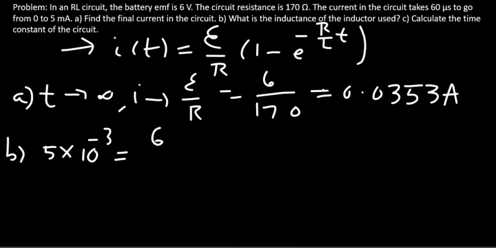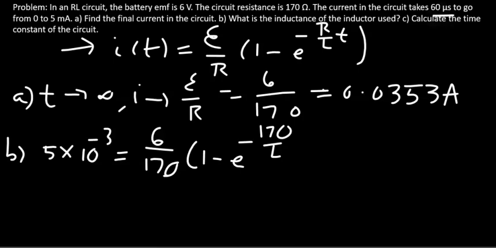EMF is 6 volt, resistance is 170 ohms. 1 minus e to the power minus R over L t. R is 170 ohms. L we don't know. That's the inductance that we want to determine. And the t is 60 microseconds. Micro is 10 to the power minus 6 seconds. And one can work the following out.